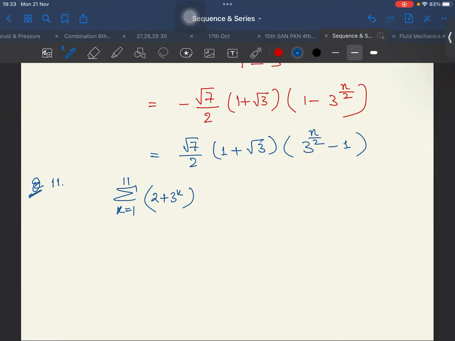You have to sum these up. In place of k, we should put numbers from 1 to 11. Write down the terms and tell me what you are getting.